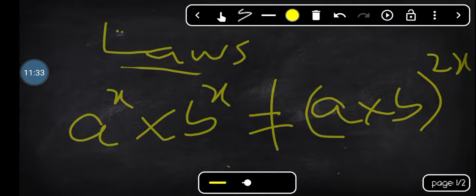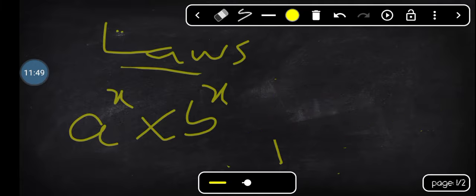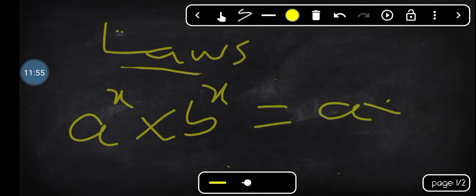Please, this is very, very wrong, because the law says that if it's different bases, the same power, the x will still remain. So our answer is actually a times b, which is ab raised to power x.